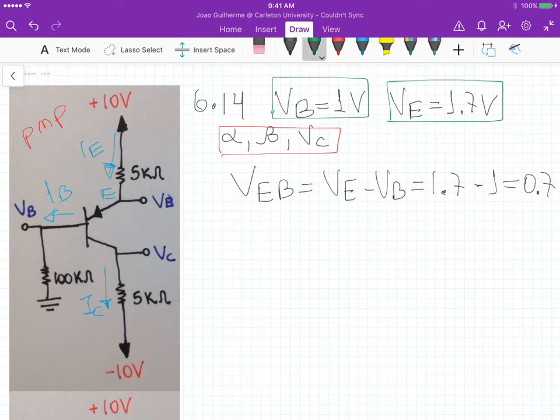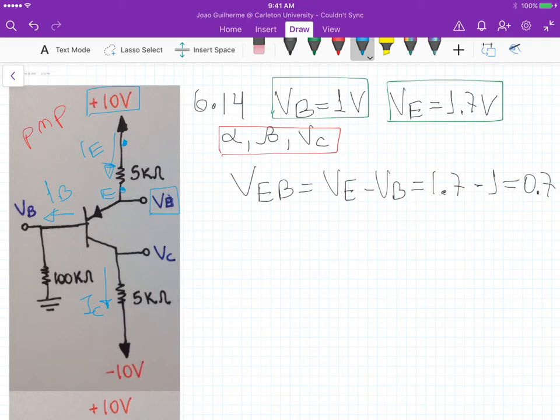If we look at this circuit, we know this potential VE, and we know this potential here, plus 10, so we know the voltage across this 5K resistor.